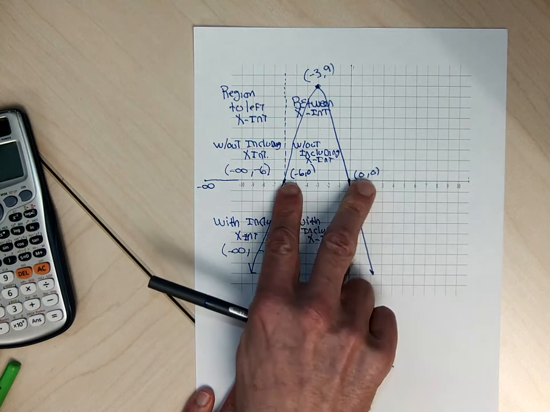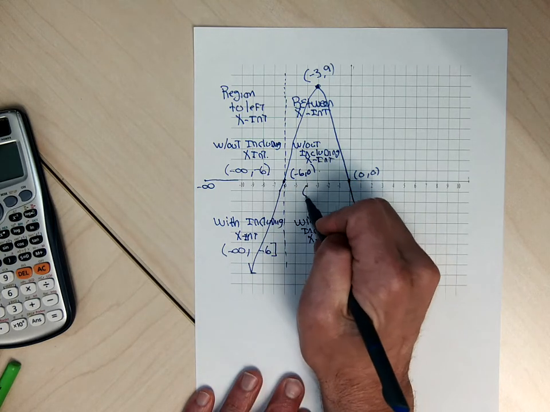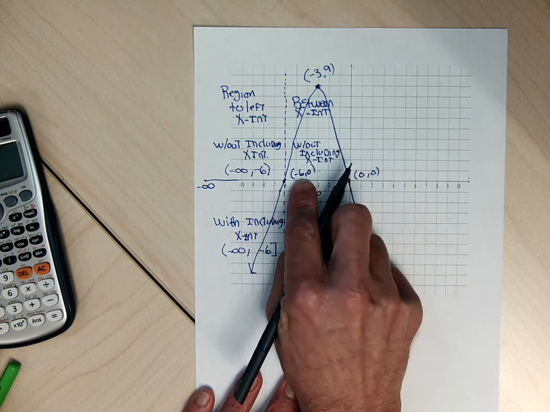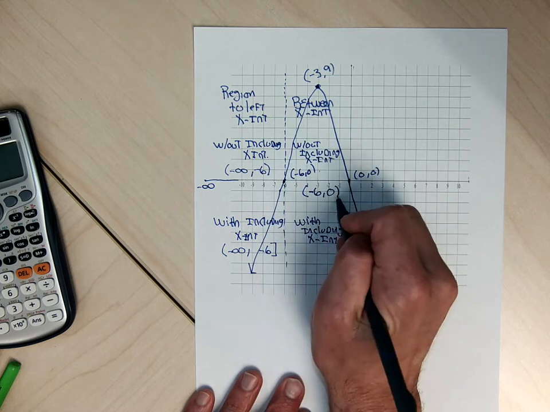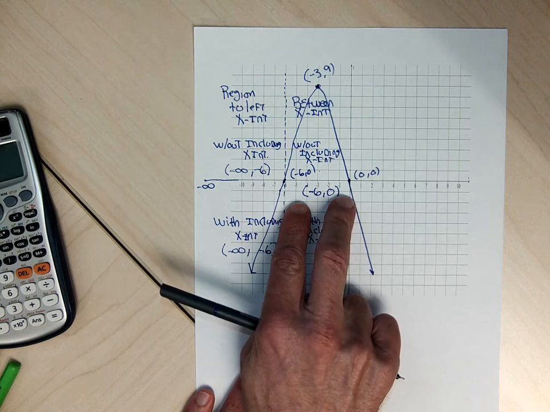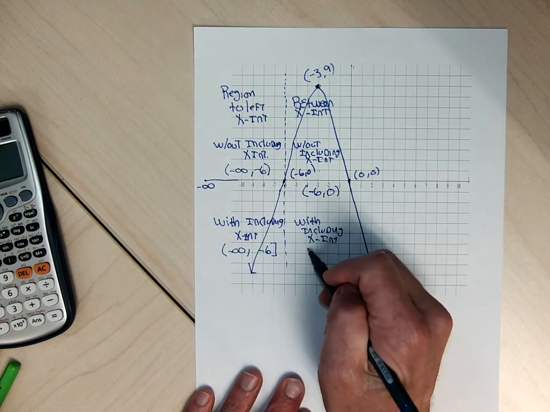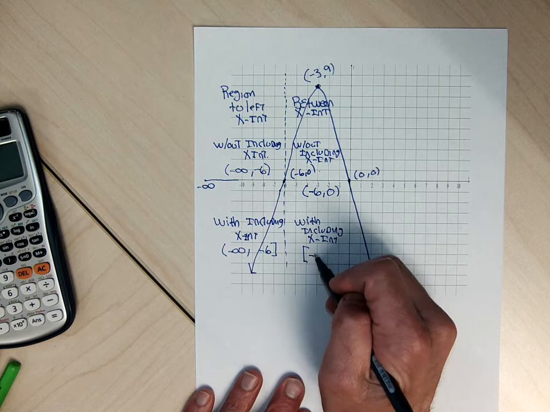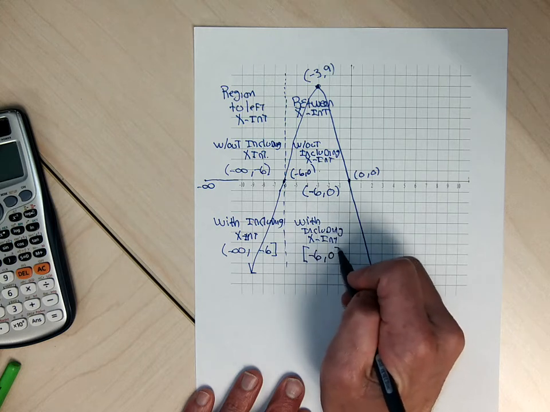The without is just going to go from -6, the first x-intercept, to 0, the second x-intercept. I'm not including them, so I round bracket the x-intercepts. The middle, including the x-intercepts, I just square bracket.